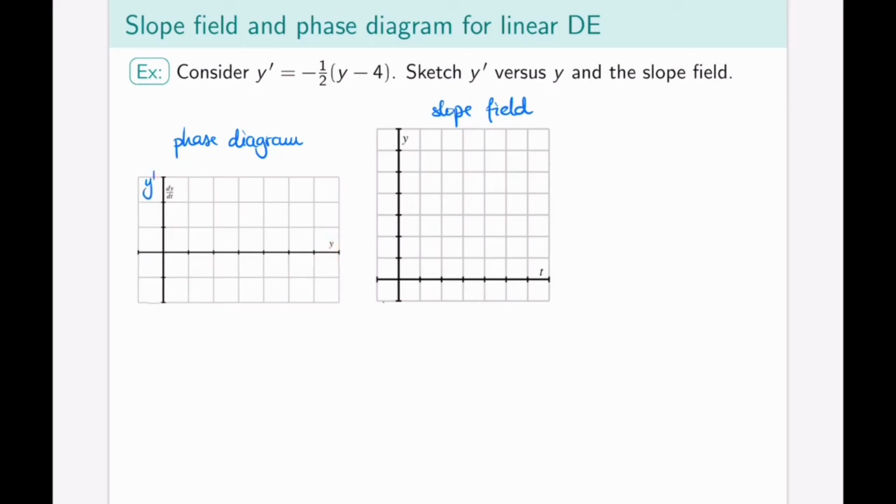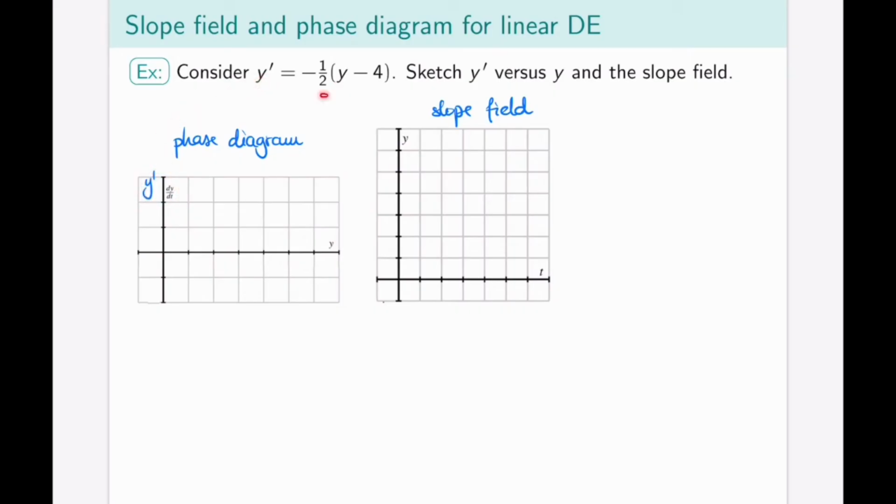So we're not sketching the solution itself, we're actually sketching the differential equation as is, where we take the y as the independent variable. You can think of that as what would normally be called x in Calculus 1. And on the y-axis, we will be sketching y prime. So let's do that first.